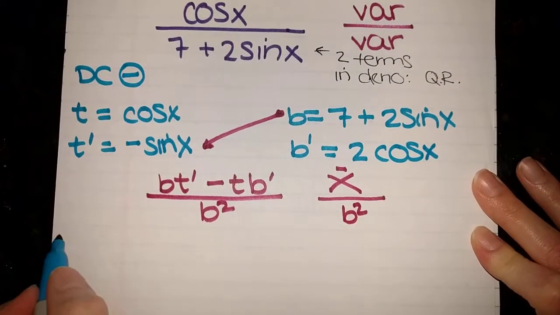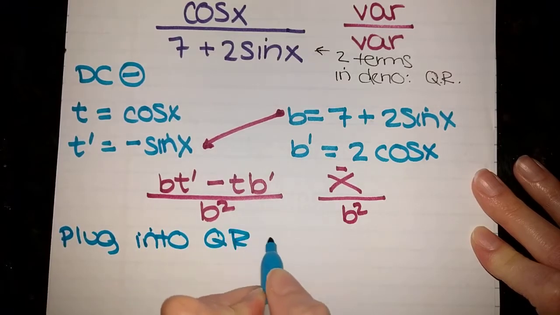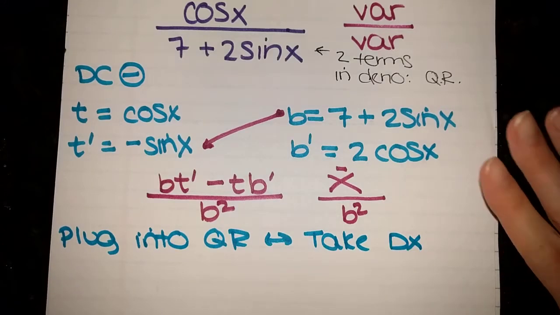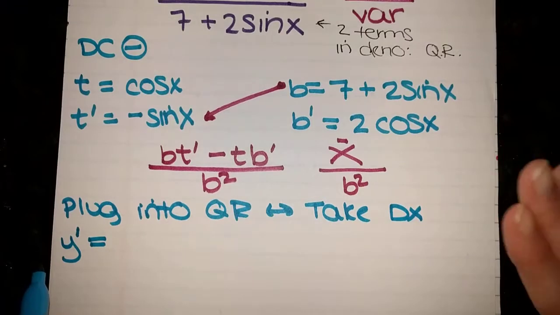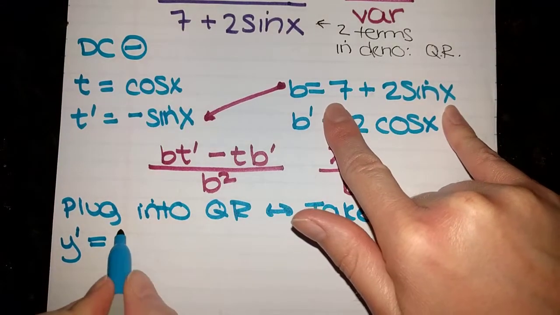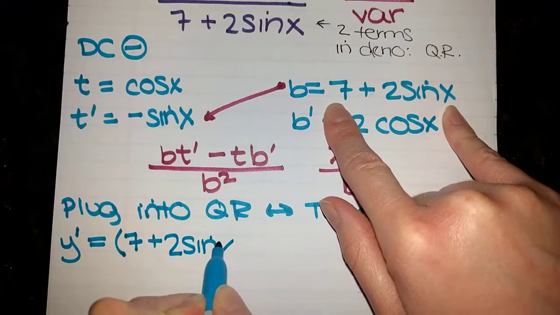Now, when we plug into the quotient rule, that is our step of taking the derivative. So what will happen is we'll no longer have y. This is now y prime. Now you'll notice that the bottom function has two terms, so you have to put parentheses around those two terms.